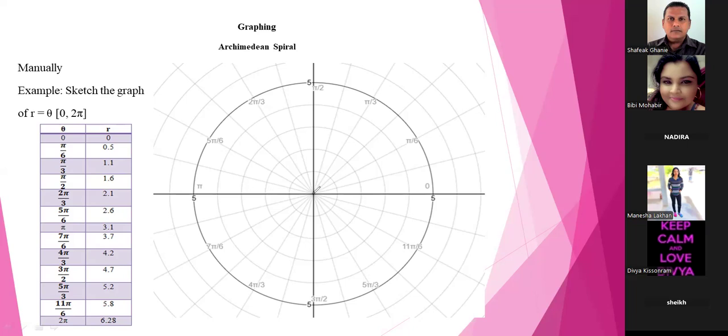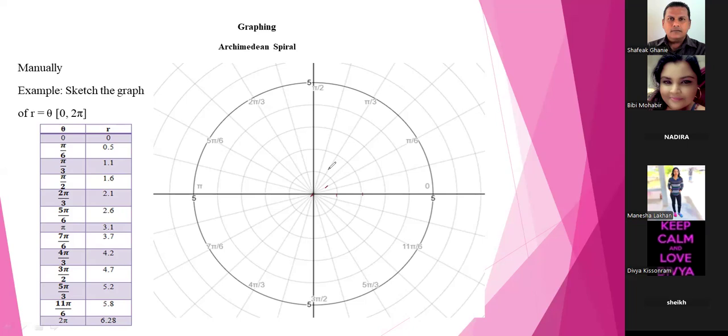For the first one, we have 0, 0, which is in the center here. The second one, we have pi over 6. And that there goes to 0.5. So this is 1, this here will be 2, 3, and so on until you reach 5. So 0.5 will be somewhere here in the middle. The next one, we have pi over 3, which is 1.1.